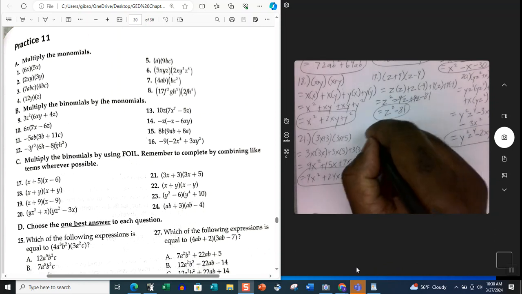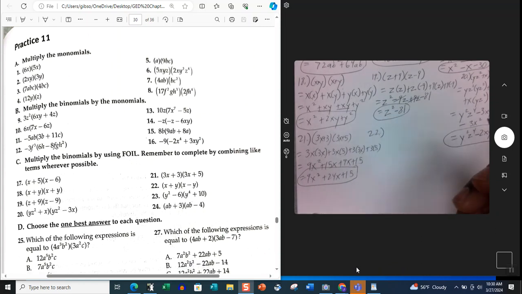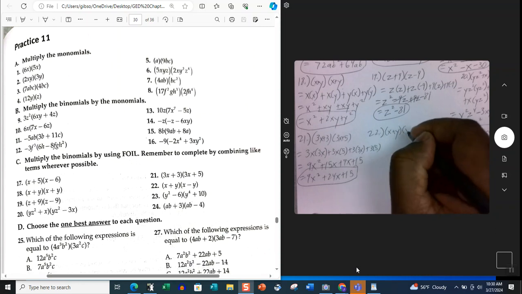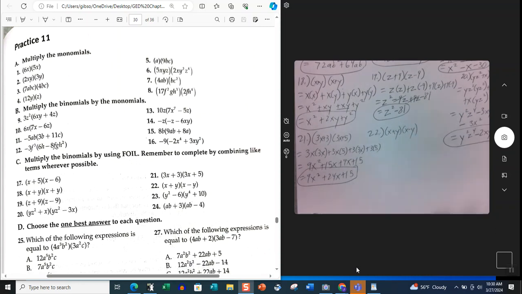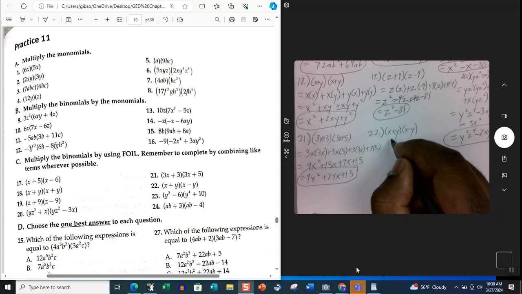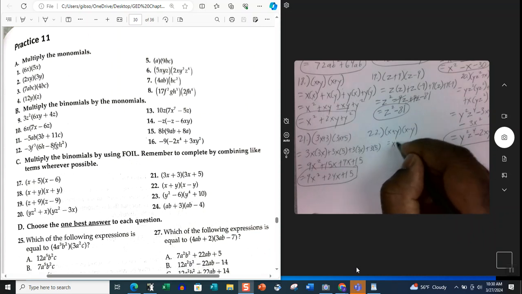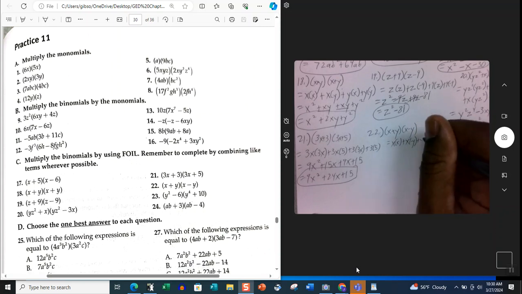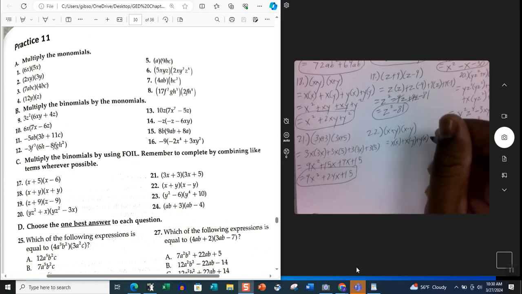Now problem 22. Problem 22, we had x plus y times x minus y. Okay, so now we would do x times x plus x times negative y plus y times x plus y times negative y.